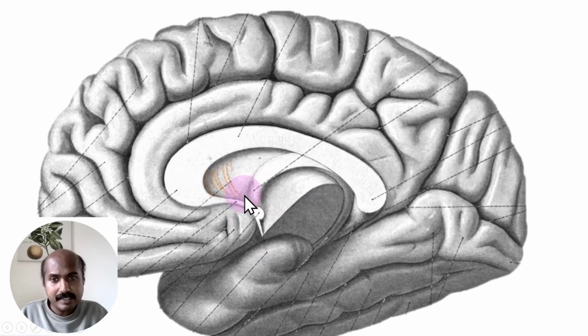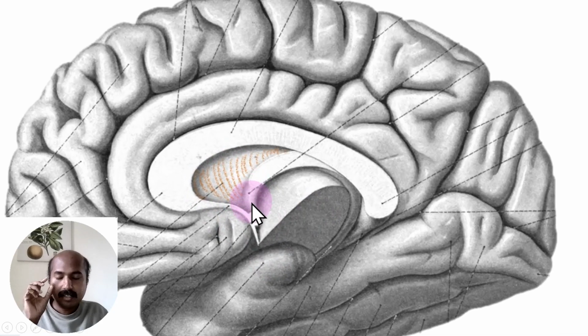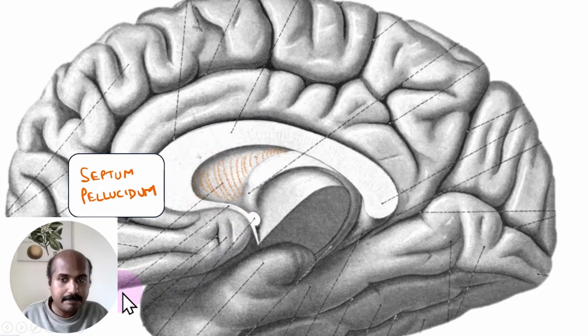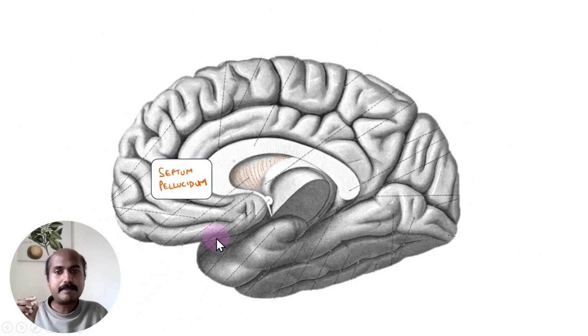Over here, you can see a translucent membrane that is hanging down from the genu and the body of the corpus callosum, and this is known as the septum pellucidum. Septum pellucidum means it is a septum and it is translucent; that is the meaning of pellucidum.